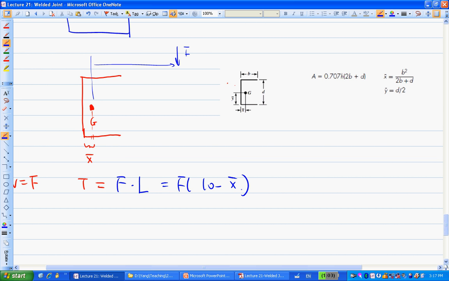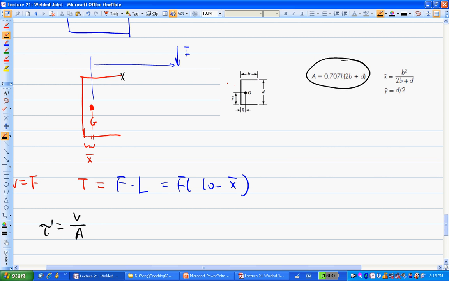Then the next thing is critical location. Where will be the critical location? Apparently, I think the critical location is still here. If we're looking at the critical location in here, your primary shear is still V over A, and A is this.